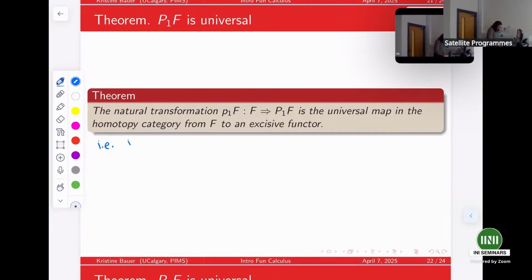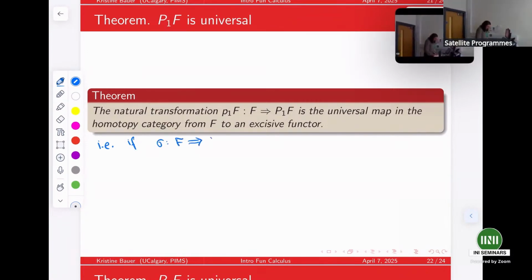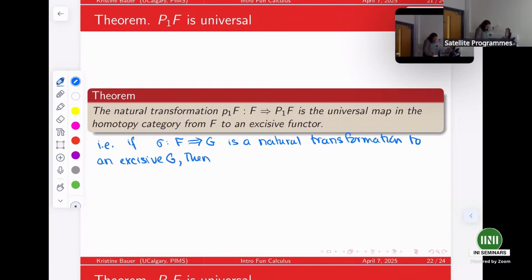So one, if I have any other natural transformation sigma from F to an excisive functor G, then sigma factors through.